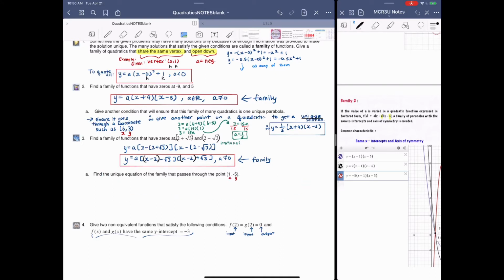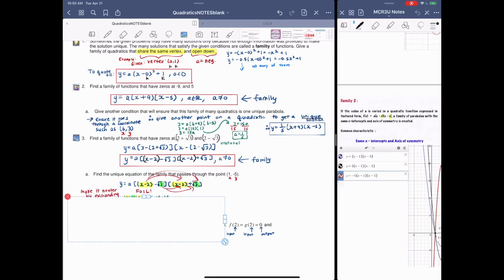Question part 3a. Find the unique equation of the family that passes through the point (1, -5). So I'm going to rewrite that equation above. And so for my equation, I'm noticing that I could simplify some parts. And when I do that, I'm going to do FOIL, like so.